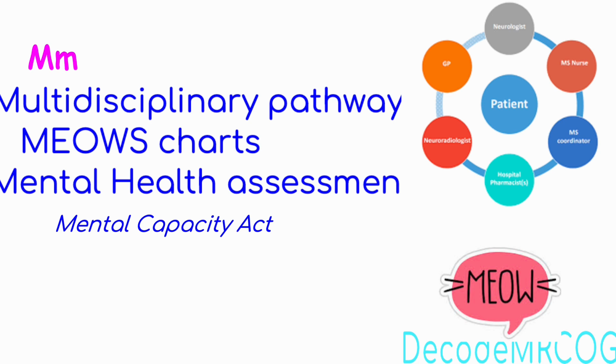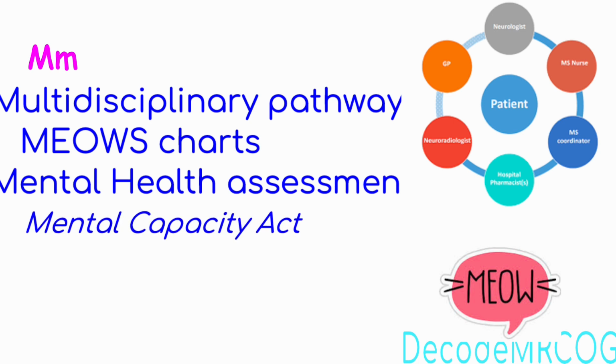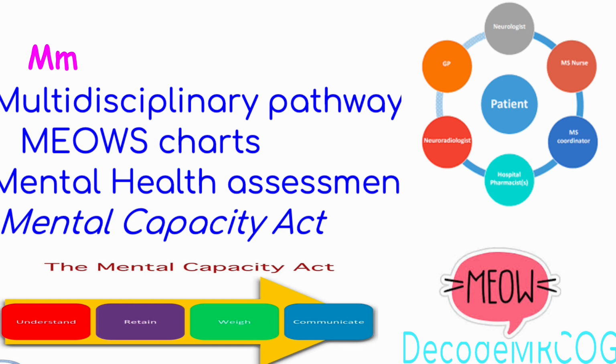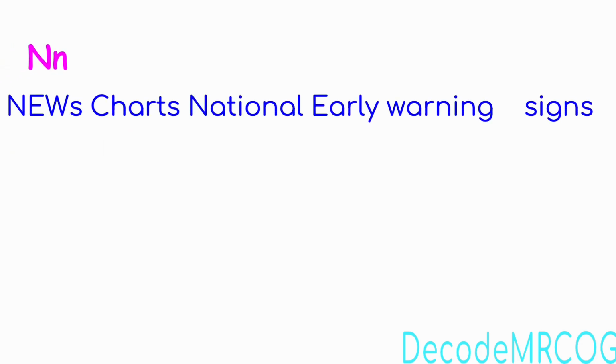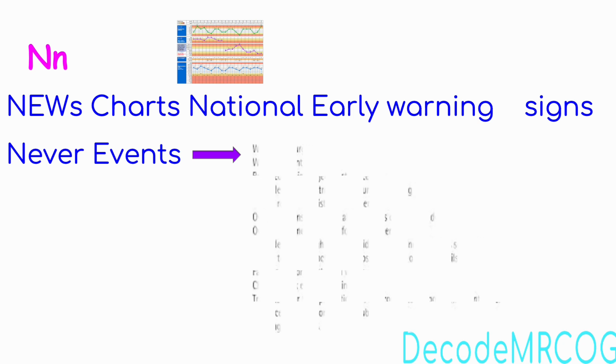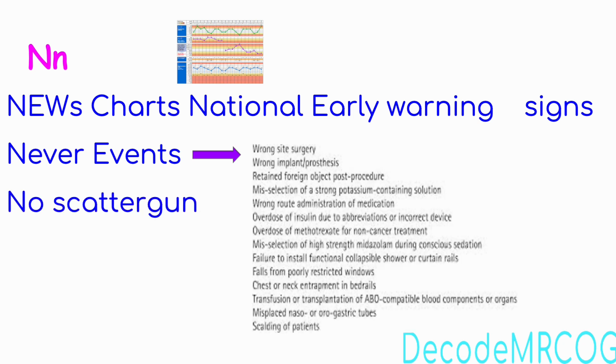Mental health assessment, Mental Capacity Act. N. National Early Warning Signs charts, never events to identify from the list, and no scattergun approach whenever you are approaching a station.